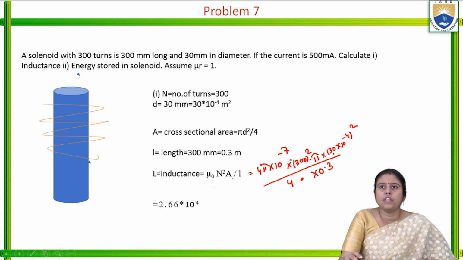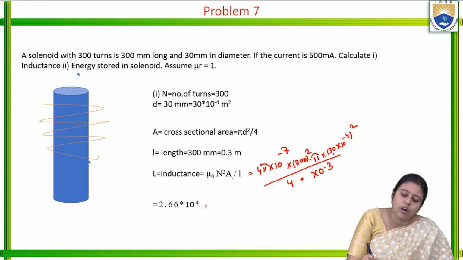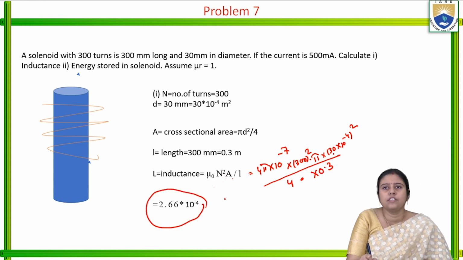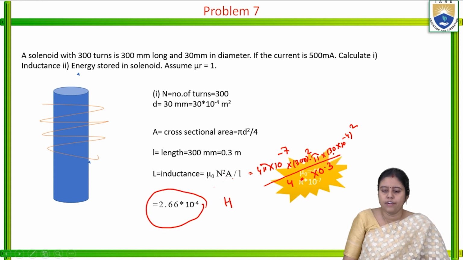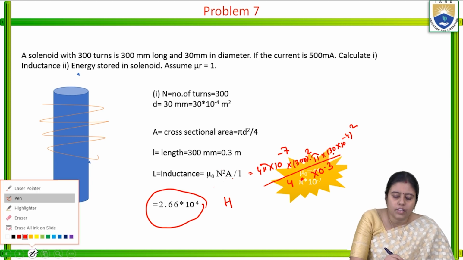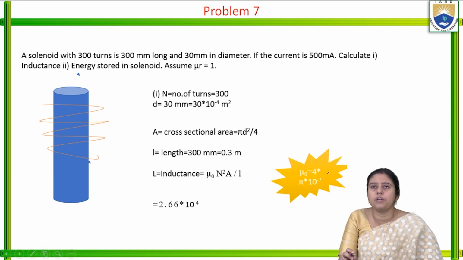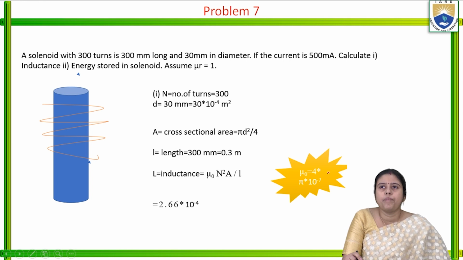If you put all the values, you will get 2.66 into 10 to the power minus 4 Henry, where the mu naught value has been taken as 4 pi into 10 to the power minus 7.